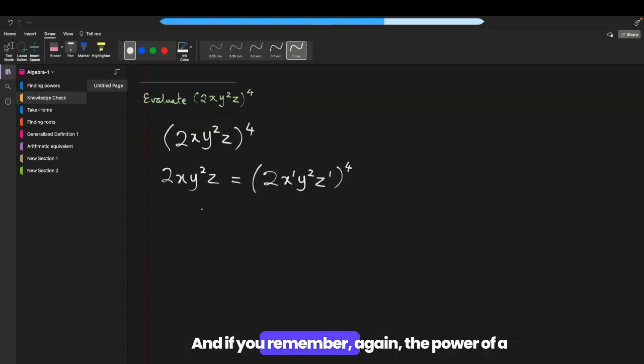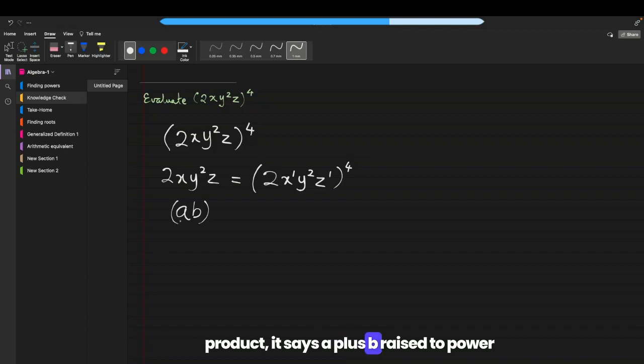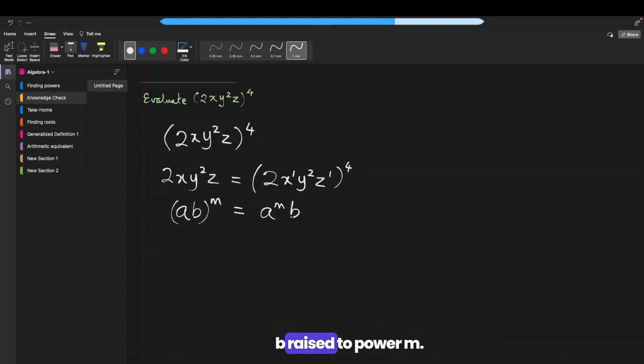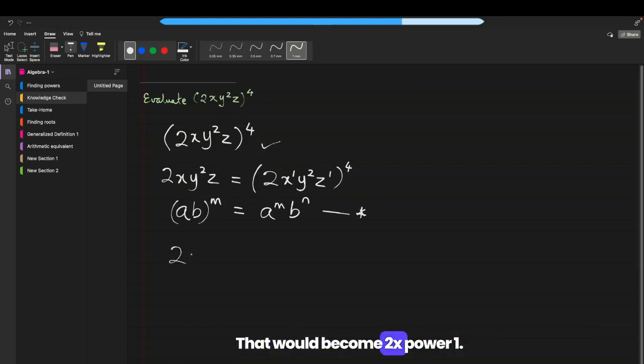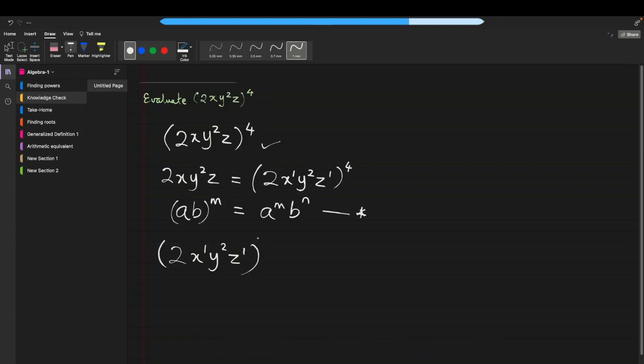And if you remember, the power of a product says ab raised to power m equals a raised to power m, b raised to power m. Now let's apply this to this expression. That would become 2x raised to power 1, y squared, z raised to power 1, all power 4.